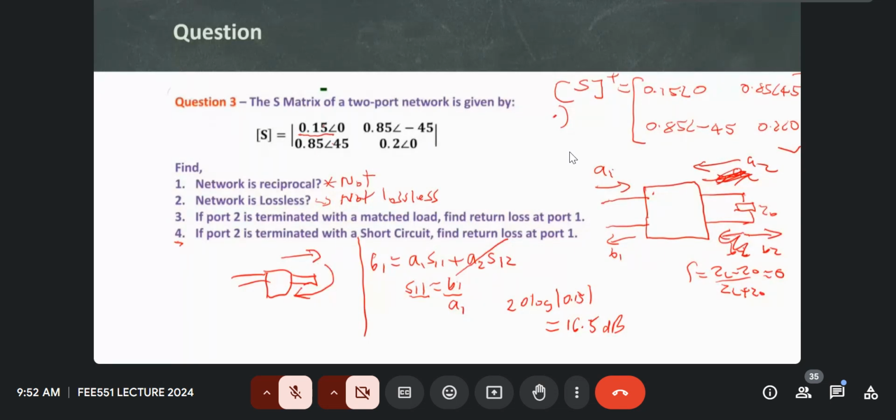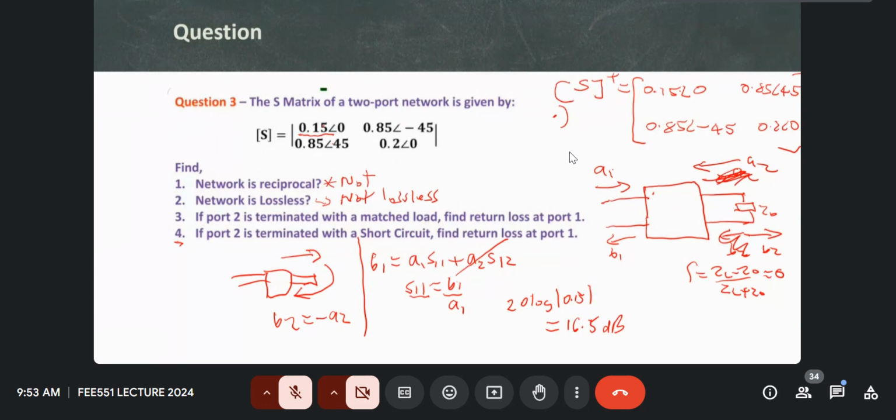So that means B2 will be negative of A2, and then you replace in the equations so that you get the new B1 over A1, and then you do 20 log of that. And you'll be able to get an answer, let me check what the answer was so that you can know if you've done it correctly.